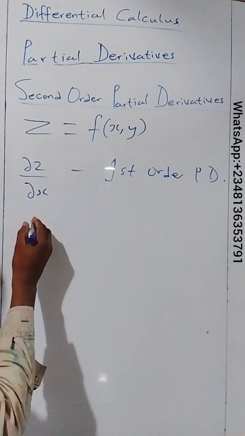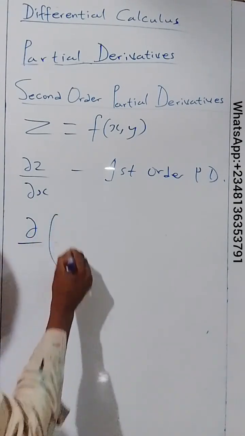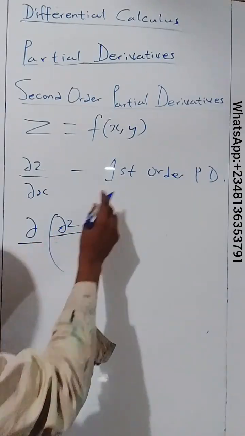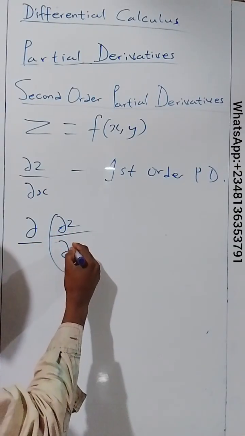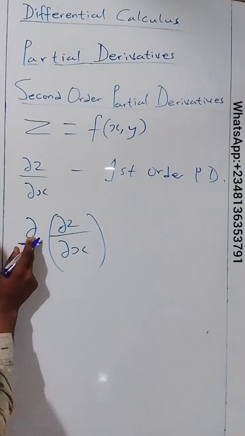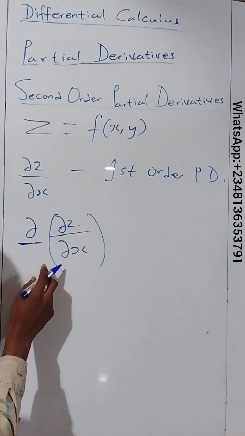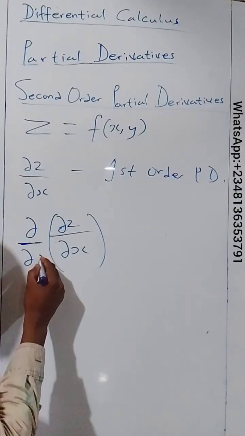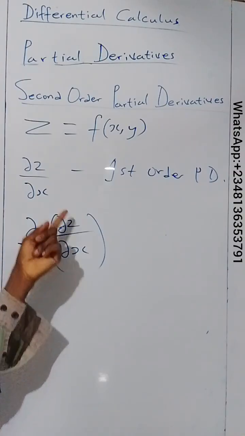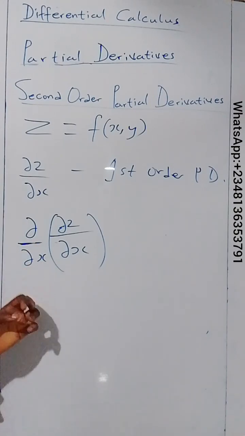In other words, we are going to have the partial derivative of z with respect to x. So we are going to redifferentiate this. Here we have the derivative of this first order partial derivative with respect to x.